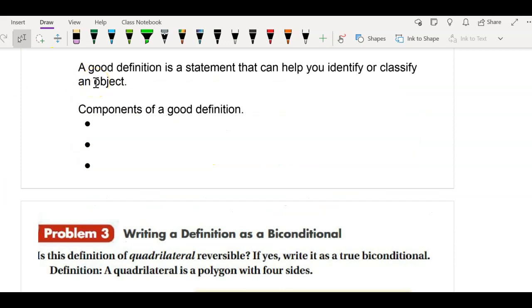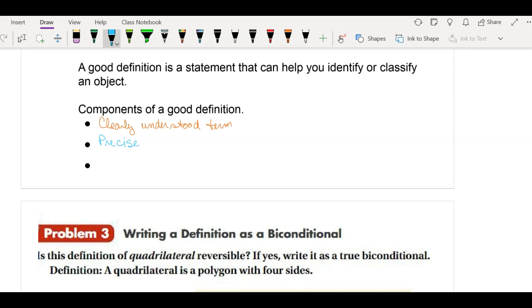So now we're going to talk about definitions and components of a good definition. A good definition is a statement that can help you identify or classify an object. And there are three components of a good definition. Clearly understood terms. The second component is that the wording in the definition is precise.